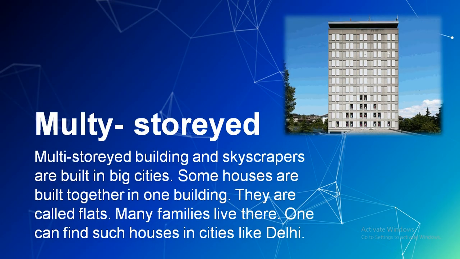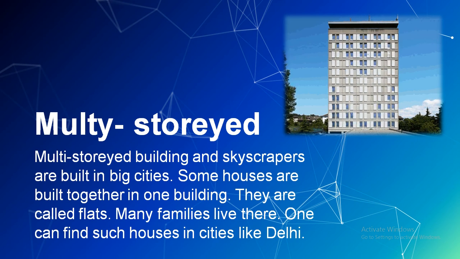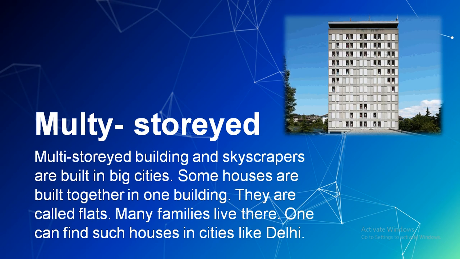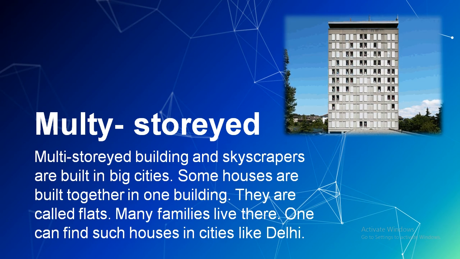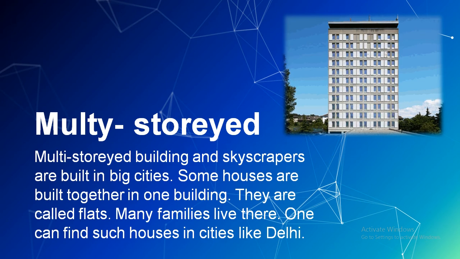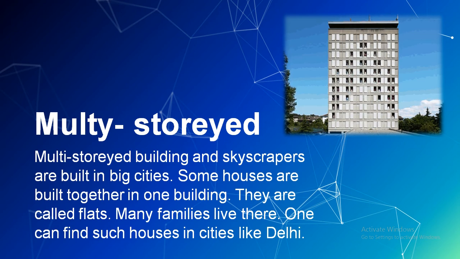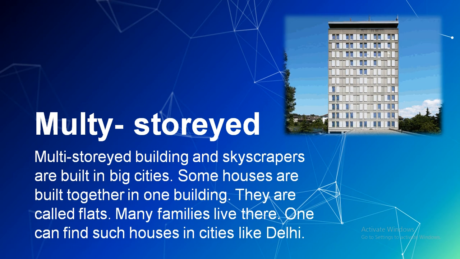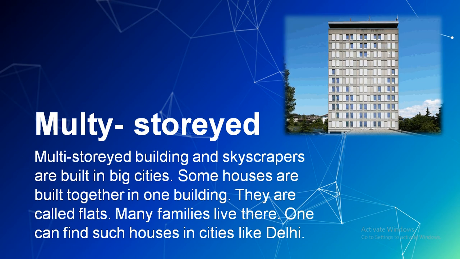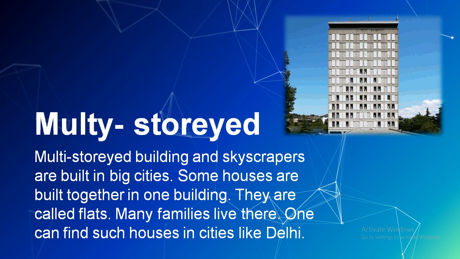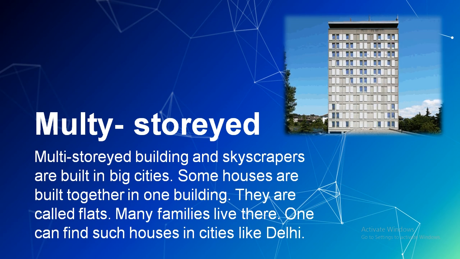Okay students, now let's see about the multi-storied. Okay, so multi-storied buildings and skyscrapers are built in a big city. Some houses are built together in one building. They are called flats. Many families live there. One can find such houses in cities like Delhi. Okay students, a multi-storied building is one building, but it has many houses, where many families can live together.